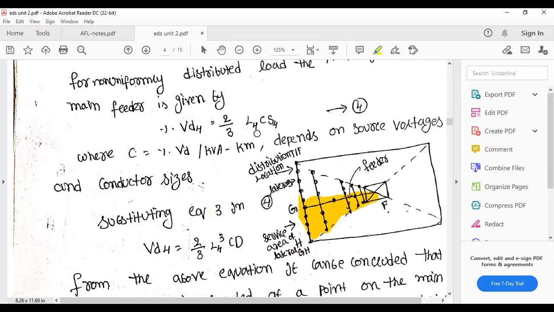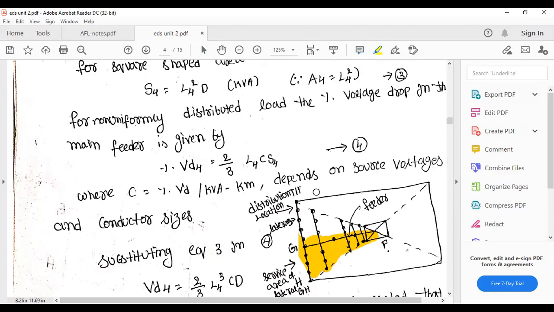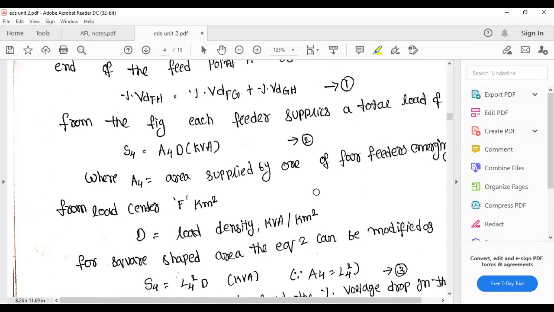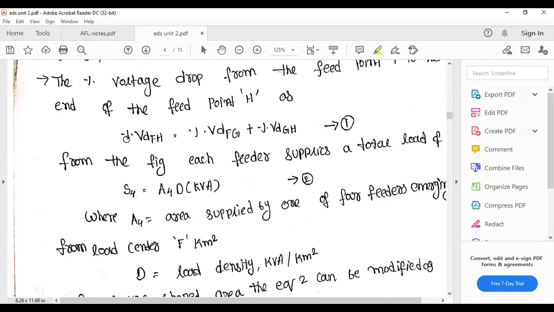Only this area we are taking for the calculation. Next, this is the overall voltage drop. Percentage VDF is equal to percentage of VDFG plus percentage of VDGH. This is equation number 1.